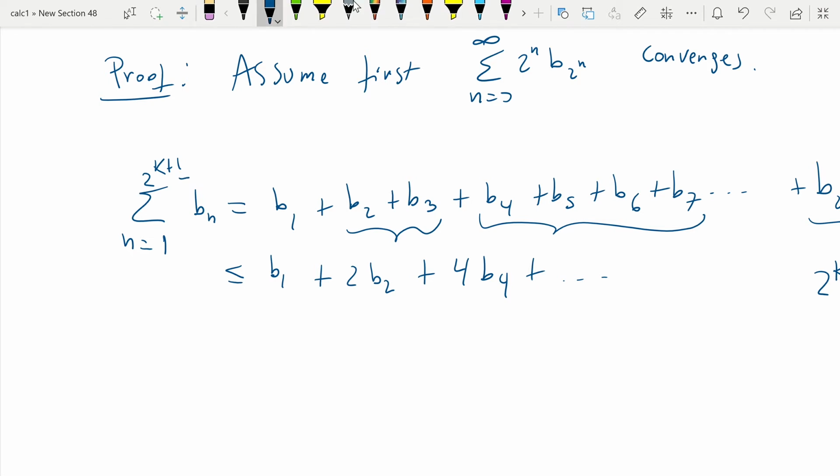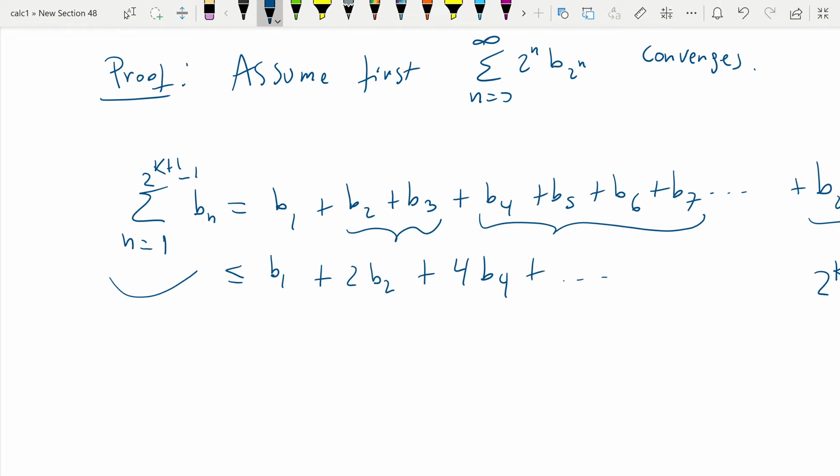The minus 1 is not part of the exponent. So those are all the terms that we're adding. And the thing is that any partial sum can be bounded by a partial sum of this form. You just need to let k be bigger.